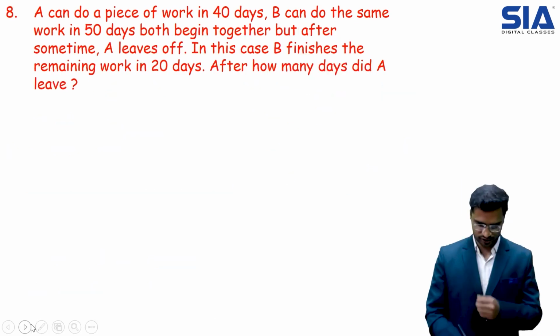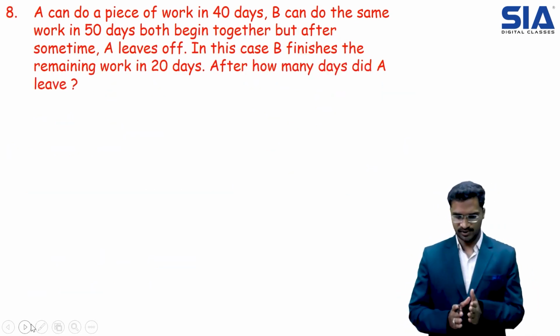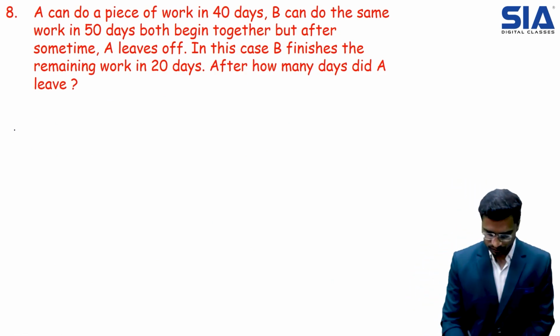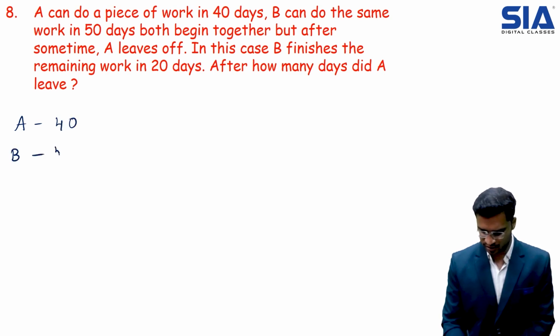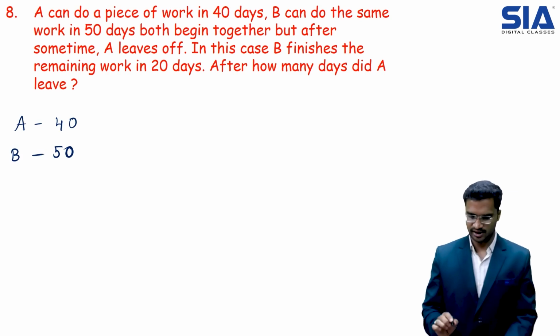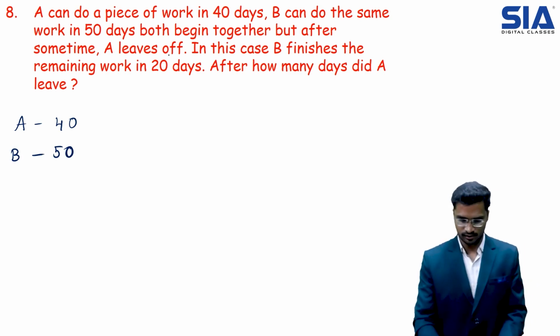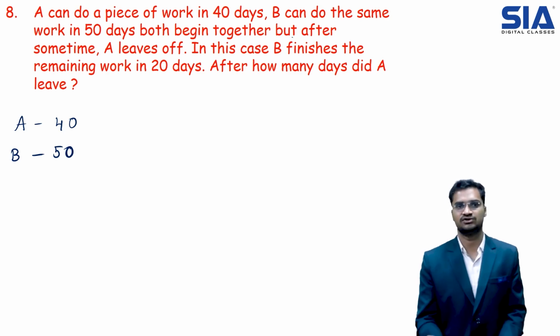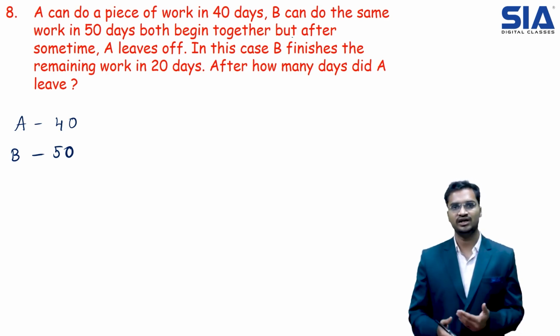Next, coming to the next question, which says A can do a piece of work in 40 days, B can do the same work in 50 days. So A is doing this work in 40 days and B is doing this particular work in 50 days. Both begin together, but after some time A leaves off. So we don't know when A is leaving off.